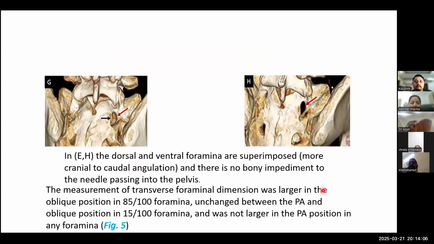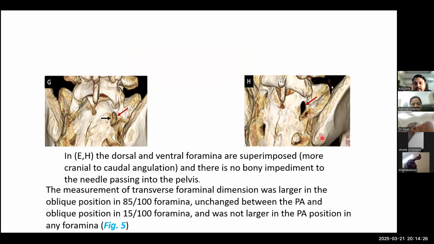Coming to the next set of images, they have shown that the dorsal and ventral foramina would be superimposed whenever we make a more cranial to caudal angulation, and there would be no bony impediment to the needle passing into the pelvis.